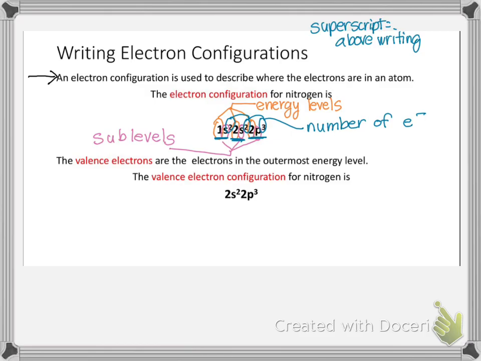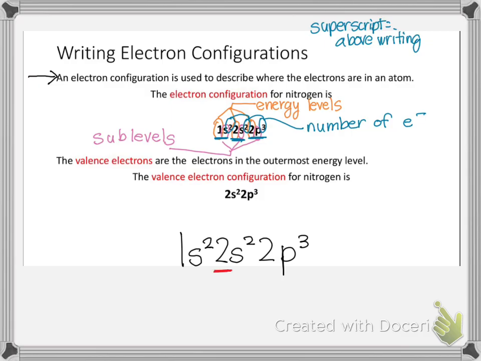Now, you can also write the valence electrons, and I'm going to rewrite the electron configuration below it because I scribbled all over the other one. Okay. So the valence electrons, by definition, are the electrons in the outermost energy level. Well, how do I know what energy level I'm in? I look at the numbers.